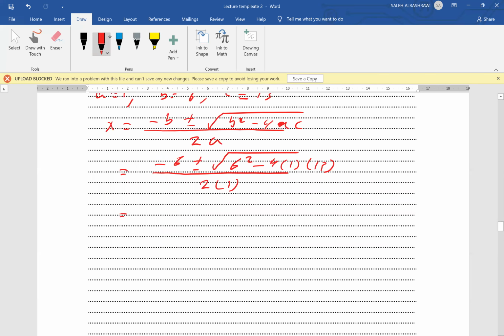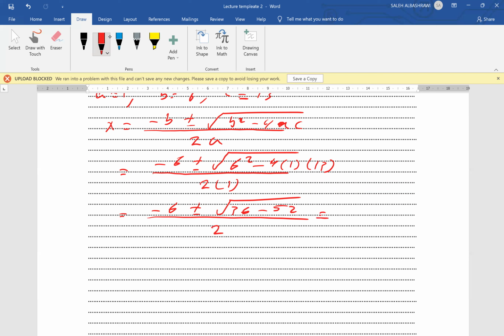This is equal to minus 6 plus or minus square root of 36 minus 52, divided by 2.